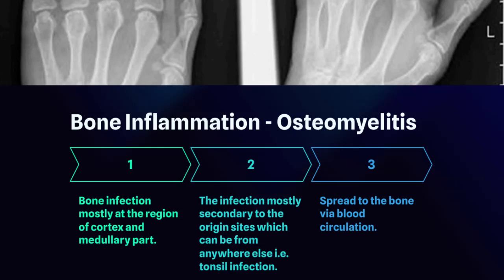Sometimes, these bacteria hitch a ride through the bloodstream and find their way into the bones, causing havoc along the way. Understanding the mechanism of infection is crucial in diagnosing and treating osteomyelitis effectively. As we progress, we'll delve deeper into its clinical manifestations, diagnostic modalities, and management strategies.